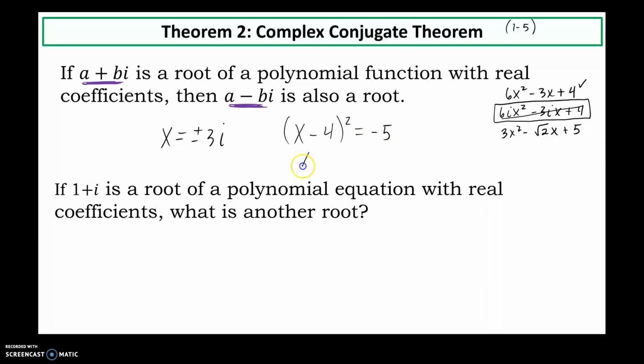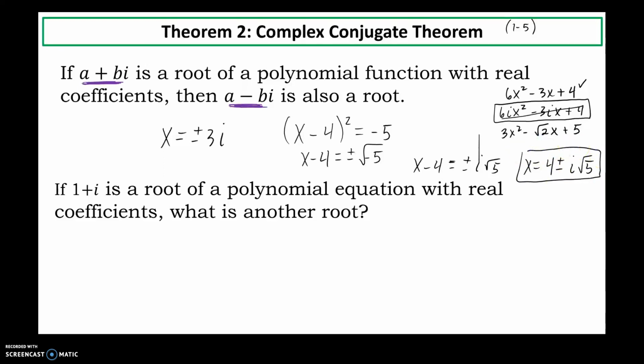Then when we went to solve that, okay, x minus 4 equals, we take the square root, so it was always plus or minus. And then when we take the square root of a negative, we need i in there. Equals plus or minus i root 5. And then when we finally went to solve for x, here's our a plus or minus i root 5. And that plus or minus means there was two of them.